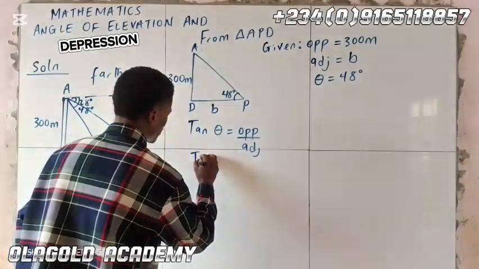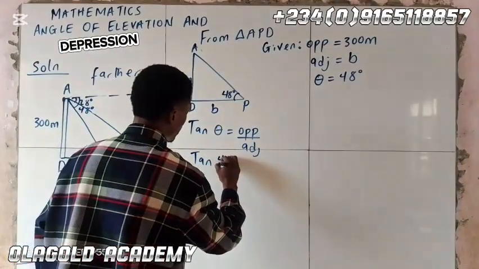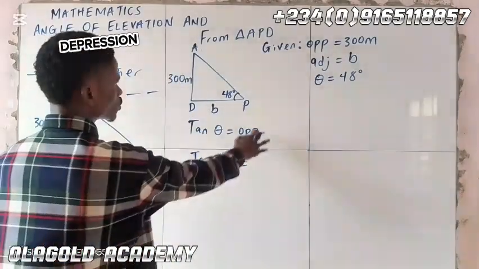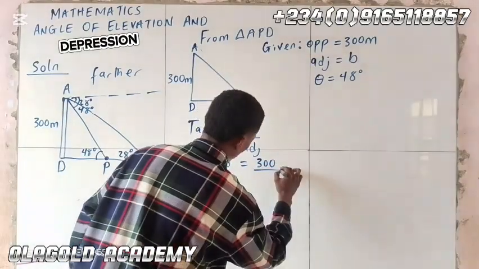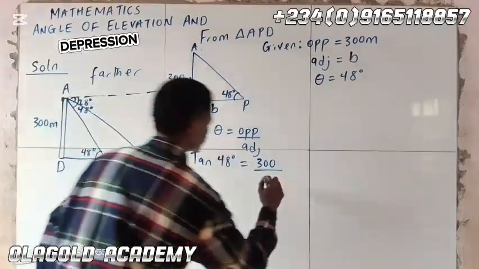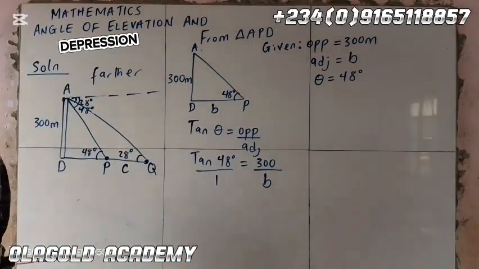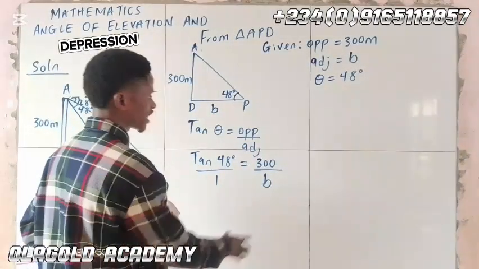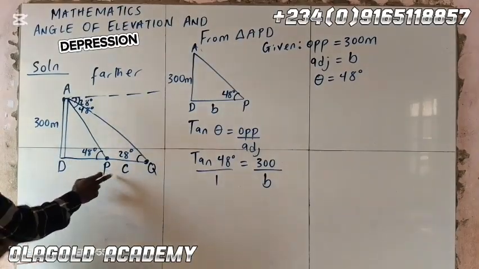Theta is 48 degrees, equal to opposite, which is 300, over my adjacent, which is b. My next task is to cross multiply and get my side b, which is from here to here.